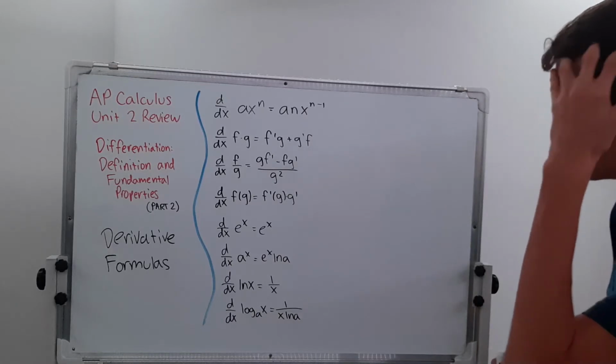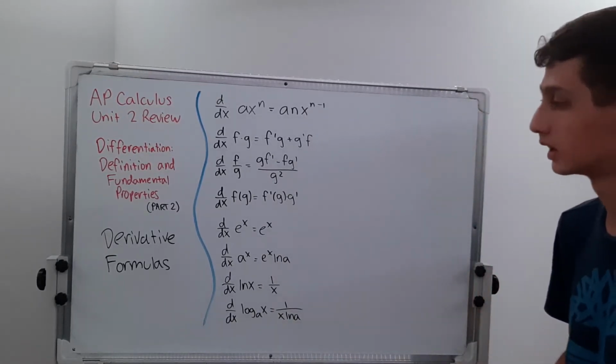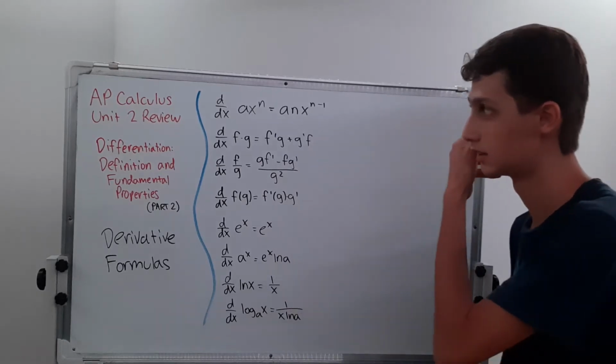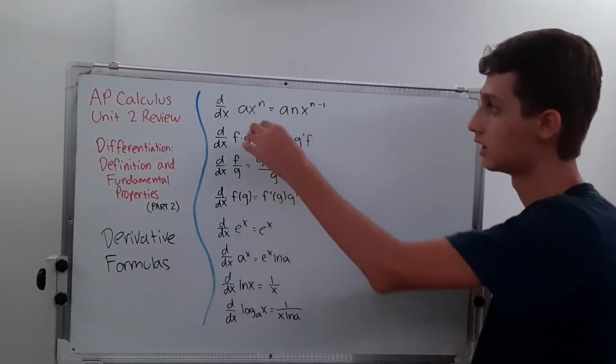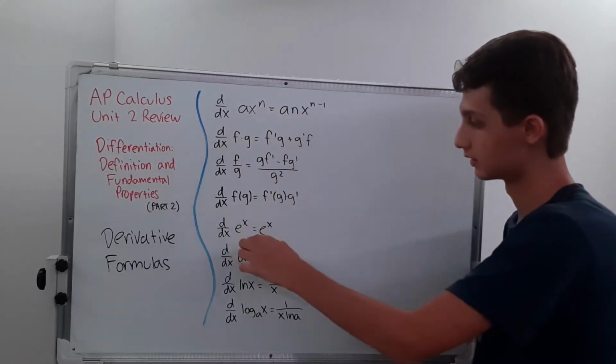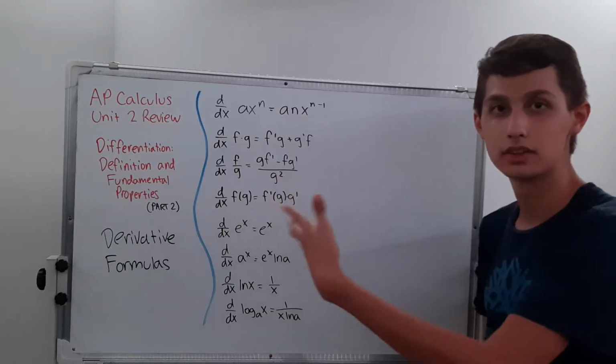First, let's understand what we're doing. We're going to take the derivative, and I want to walk through all of these. So a and n, and you can see down here we have a, and again a. They're just constants.